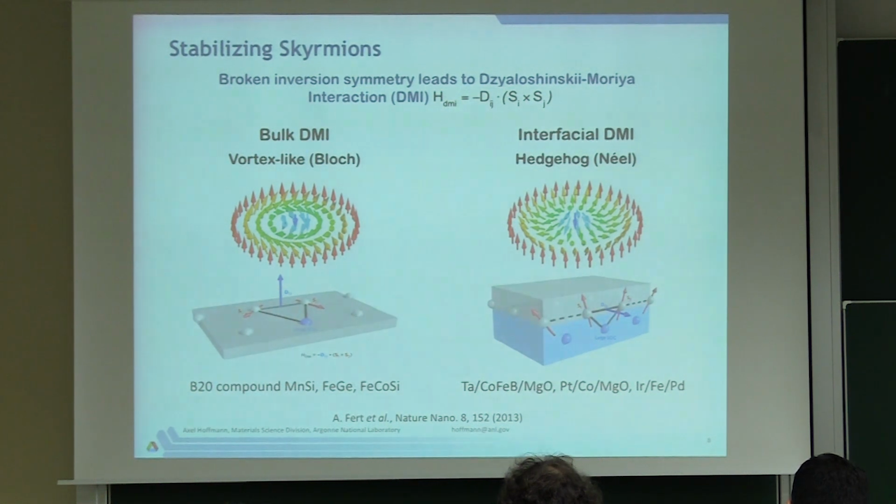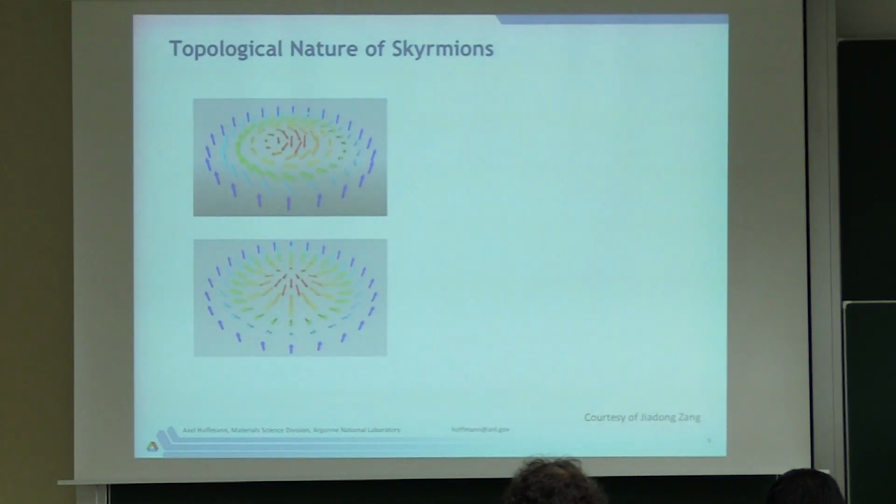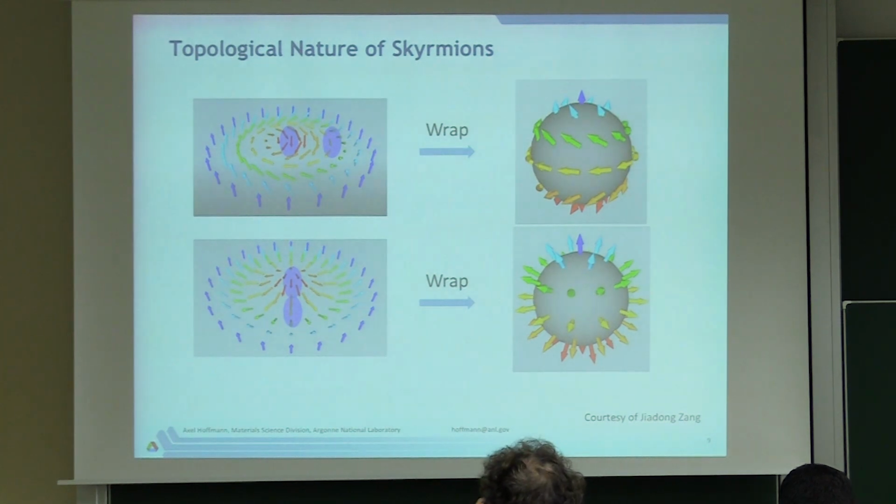Now, in terms of the topology, it really doesn't matter that much. You can take these structures and project them onto these spheres. In one case, you see that at the perimeter, at the equator, the spins are around this way.